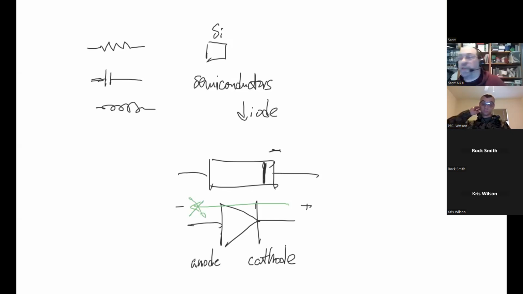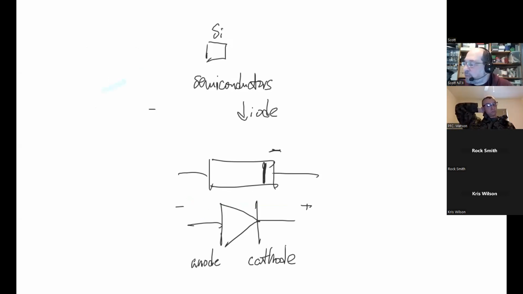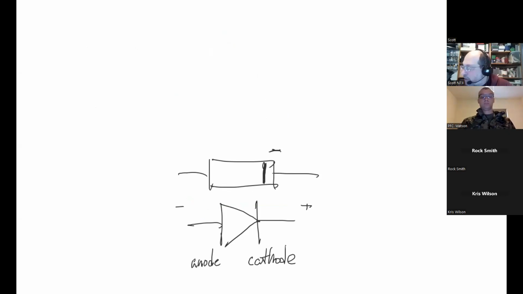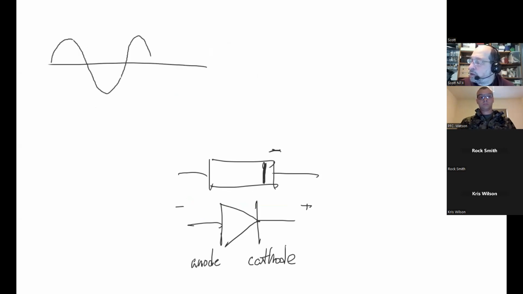So a diode is a very, very important device for this reason, because it allows us to conduct current and energy in one direction and not the other. Now, why is this important? Because let's say that we have a signal that looks like this. What is this thing called again?